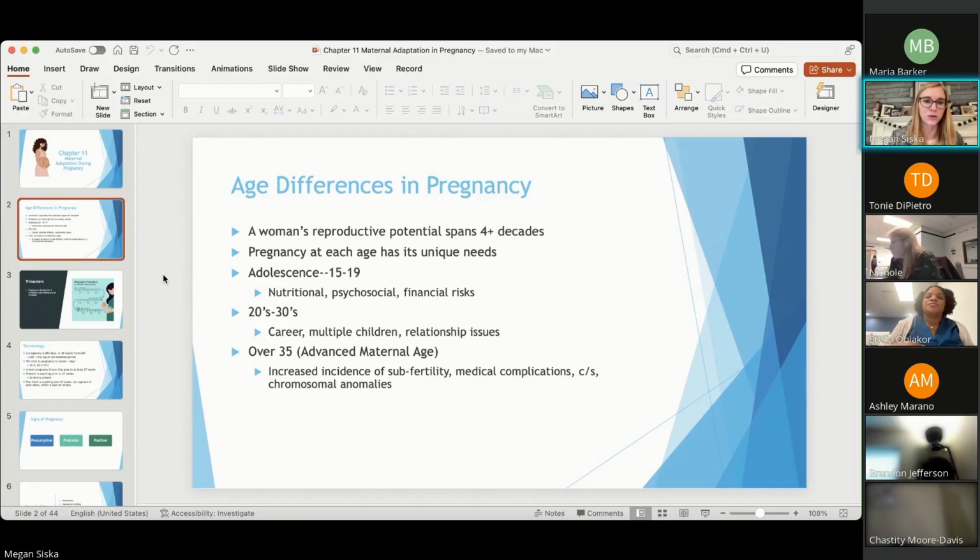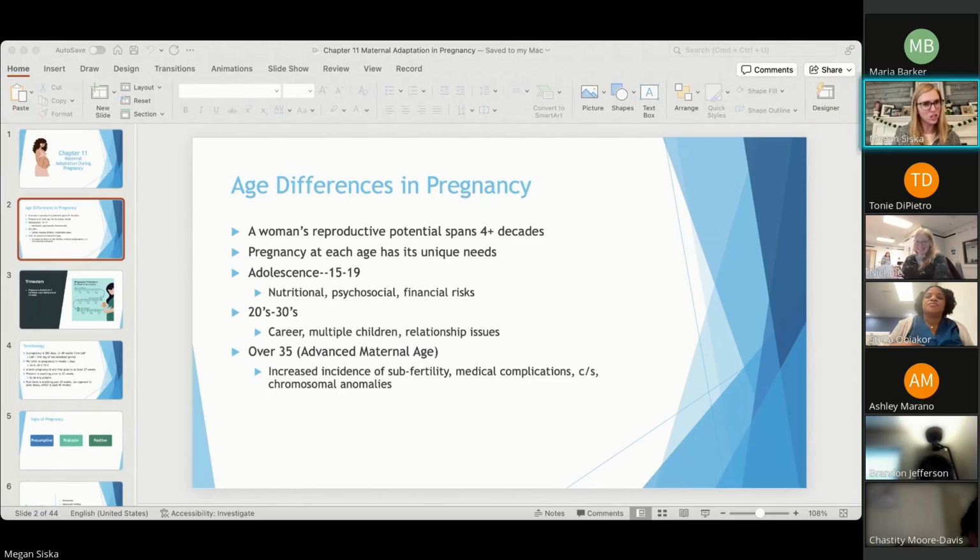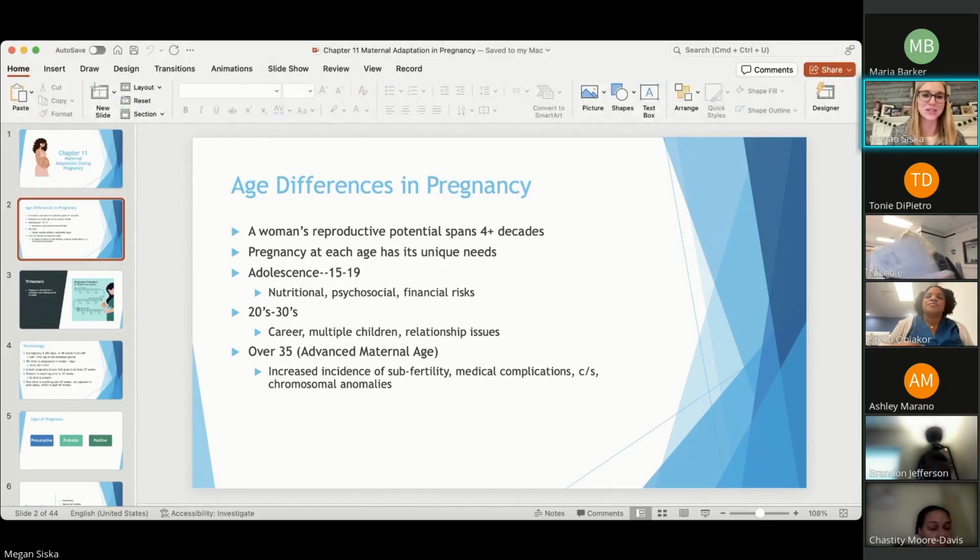And then over 35, in the pregnancy world, if you are 35 years or older, or if during your pregnancy you will be turning 35, you are considered advanced maternal age, or AMA, which is such a shot to the heart. I am AMA, so I'm always like, can we just tone it down a little bit? I am still very young at heart. But we do know that there are some increased risks with that advanced maternal age. So we'll talk a little bit about that.